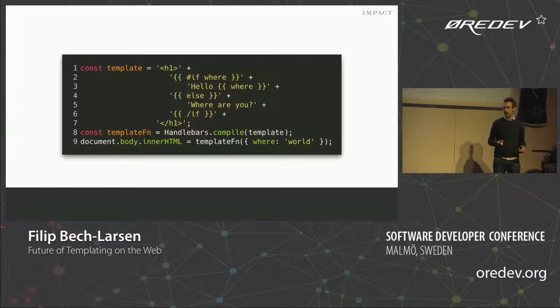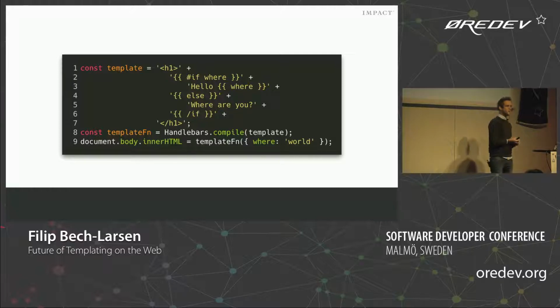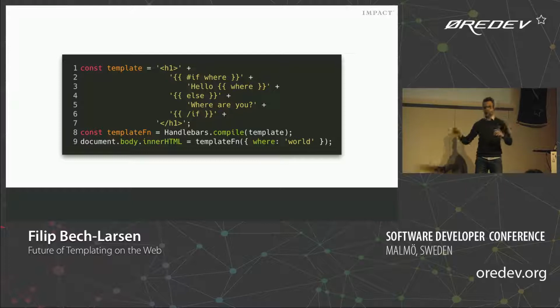The next iteration of this was Handlebars, and this was where most of us, or a lot of us, probably started. With Handlebars, we had a syntax that, again, looked like Mustache with the curly brackets, but now we had some control flow statements where we could do if and else, and we can do loops and all that kind of stuff inside of our templates, so we could actually make smarter templates.